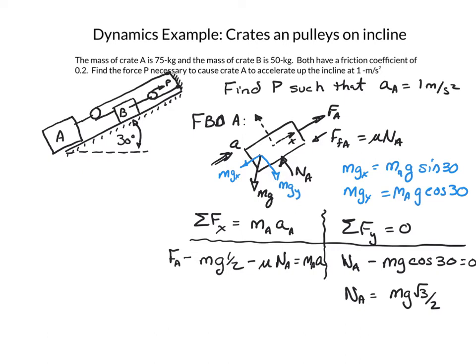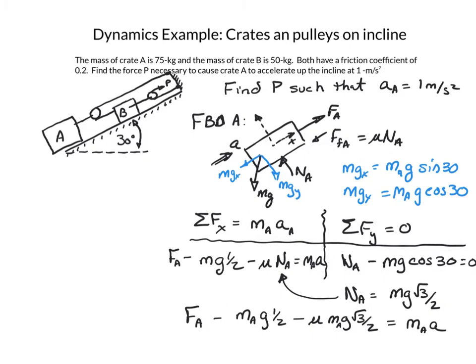So I can plug in that N right away. That'll give me FA minus M sub A. I should put the subscript A on the M's since we're always dealing with box A in this case. Mu mg, that's M sub A again, root 3 over 2 equal to M sub A times A. Now I'm trying to solve for the force.